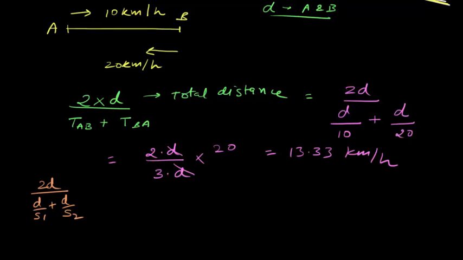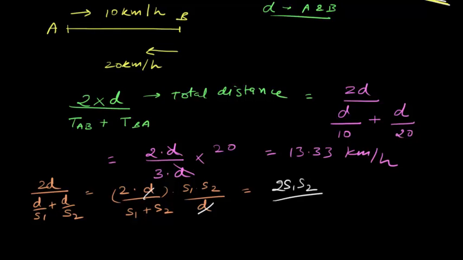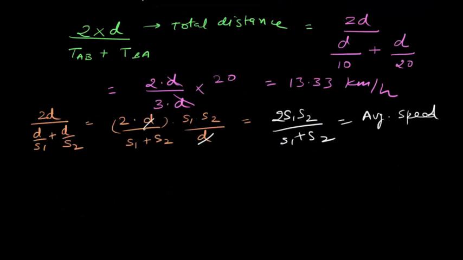So you take D common, and this becomes s1 plus s2 multiplied by s1 s2, and D. Once I cancel D, I get 2 s1 s2 by (s1 plus s2). This is my average speed.